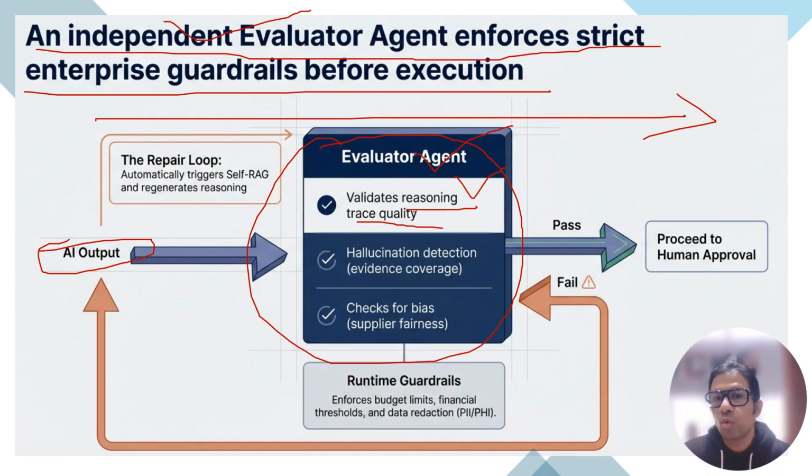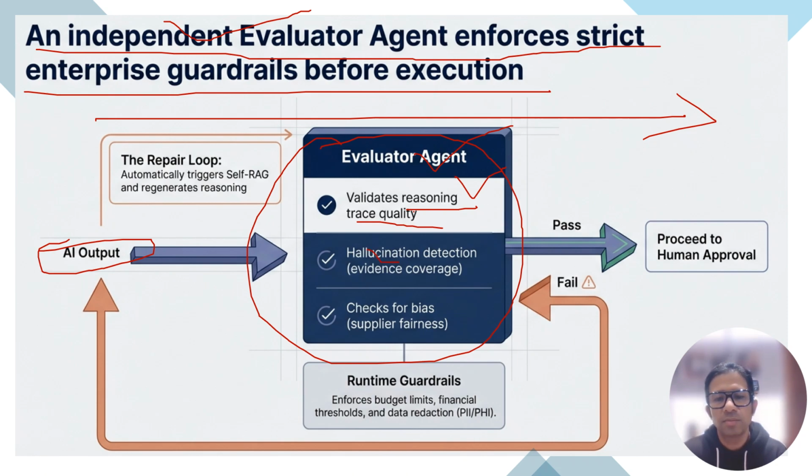Reasoning trace quality. Is the recommendation logically consistent? Did it follow the correct procurement policy logic? Did it use the right supplier constraints and context? Even if the answer sounds good, bad reasoning is dangerous in enterprise systems.